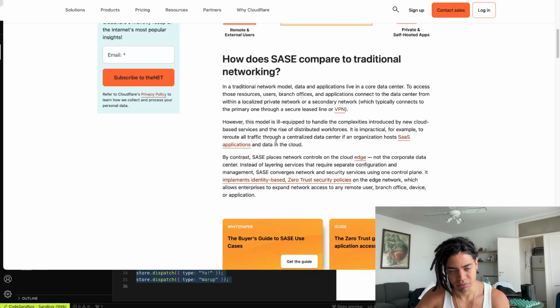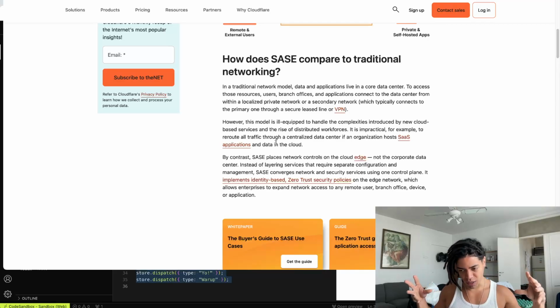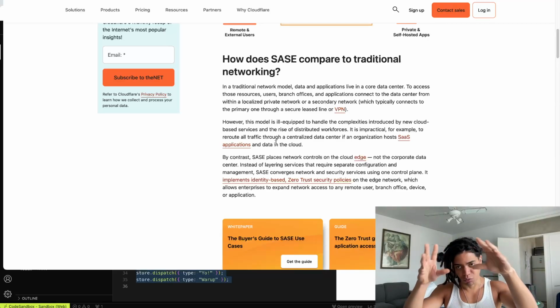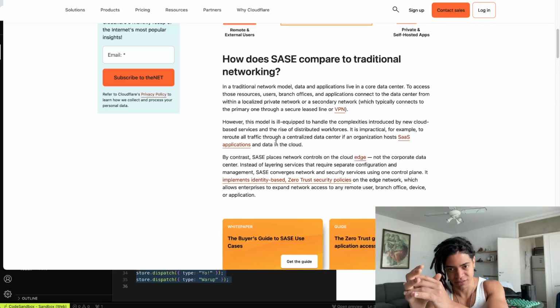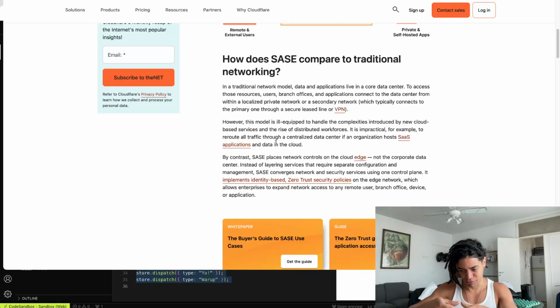It's impractical to reroute all the traffic to a centralized data center if an organization hosts SaaS applications and data in the cloud, especially if the workforce is now distributed in different locations.